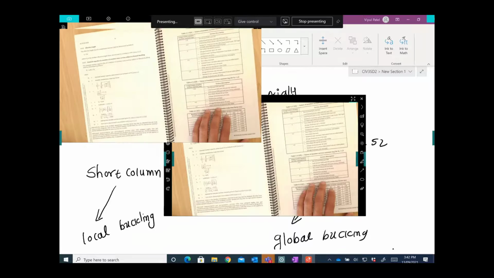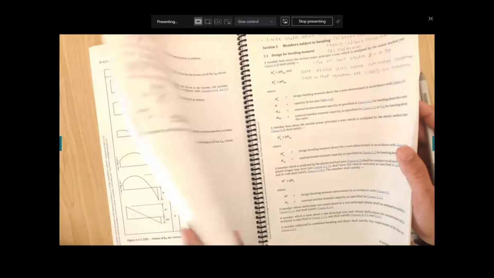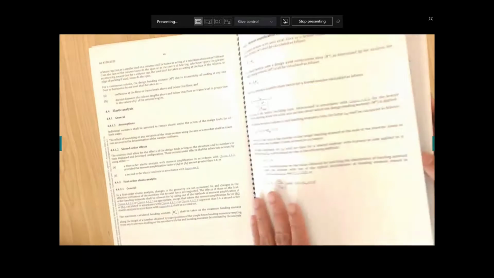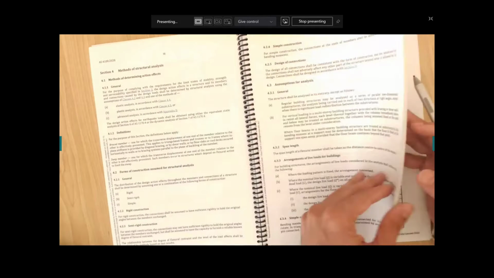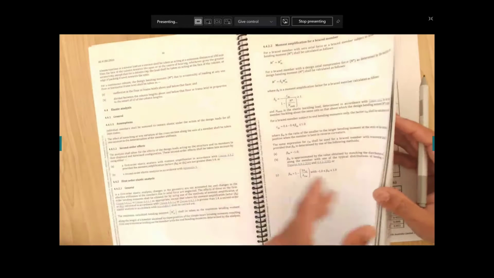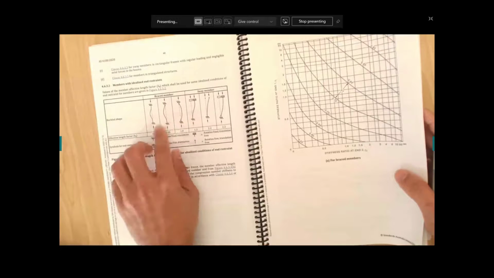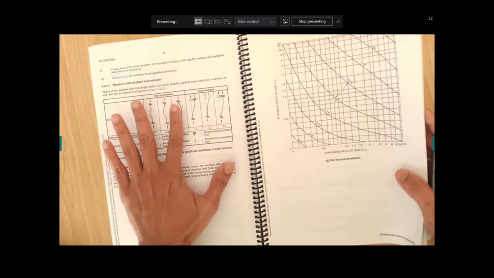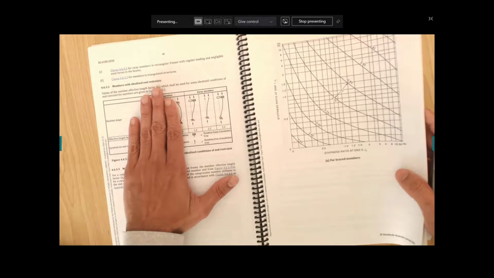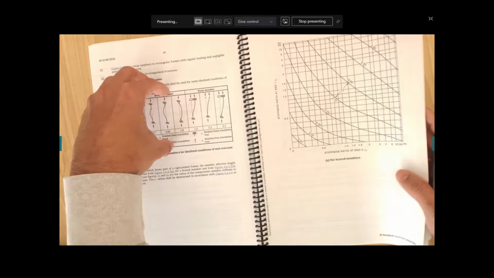So you just need to refer back all the way to figure 4.6.3.2, basically the structural analysis chapter. When you do Euler's buckling, you remember there were boundary conditions, and there was one figure here in this chapter. Look at these chapters. You have braced columns and sway members. We always work with these braced columns for our course, so don't worry about the other one.